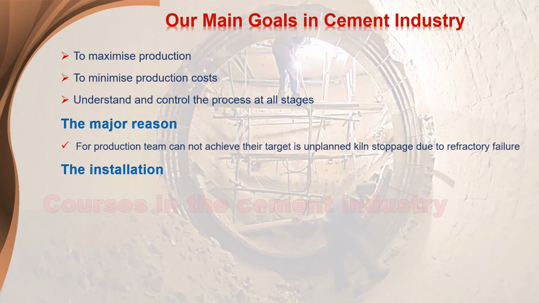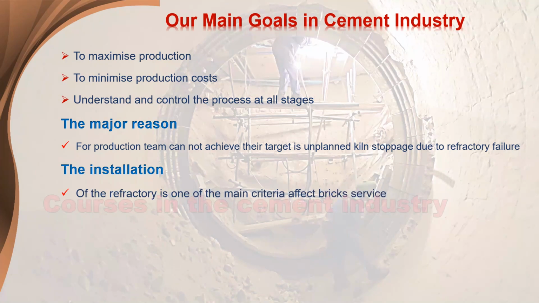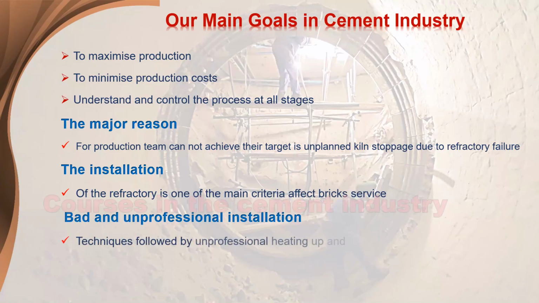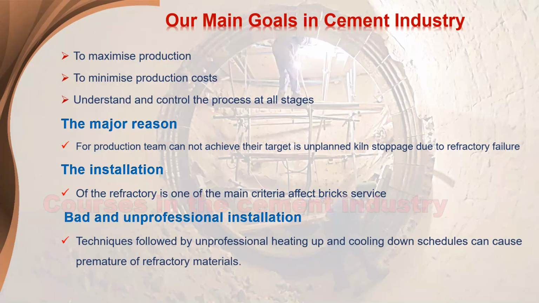The installation of the refractory is one of the main criteria affecting brick service. 3. Bad and unprofessional installation techniques, followed by unprofessional heating up and cooling down schedules, can cause premature failure of refractory materials.